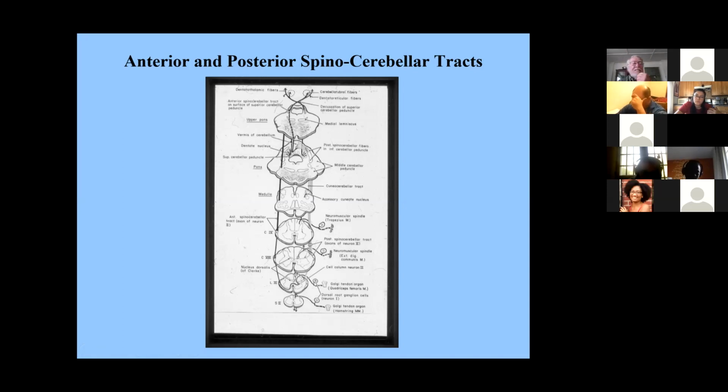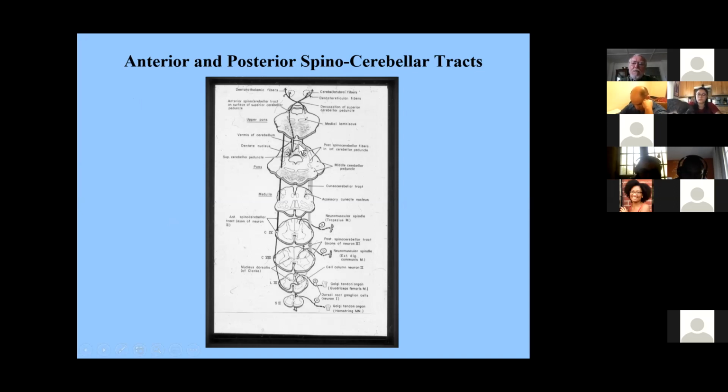So here is a situation where we can really use the verb consists of or comprises. What I'm basically telling you right now is that the inferior cerebellar peduncle is comprised in part by the posterior spinocerebellar tract, because you're just going straight through the medulla into the inferior cerebellar peduncle, and then in the caudal pons, the inferior cerebellar peduncle enters into the vermis of the cerebellum.